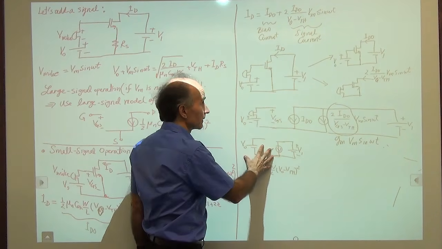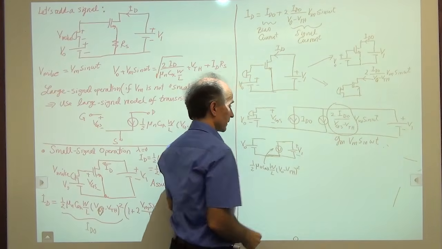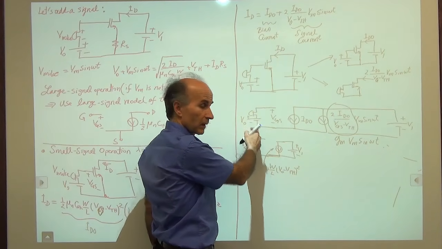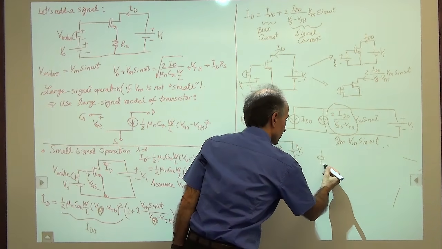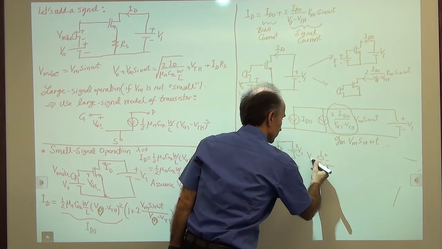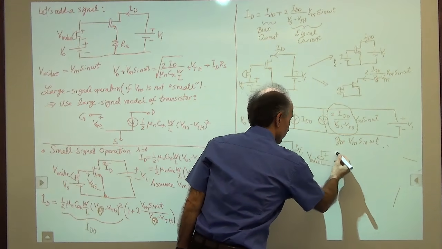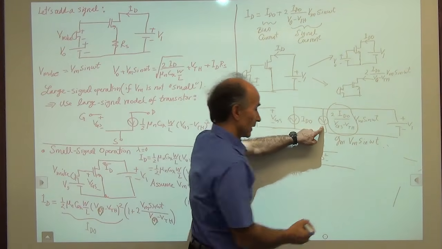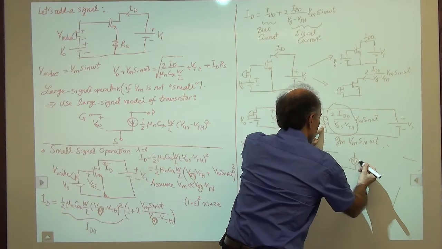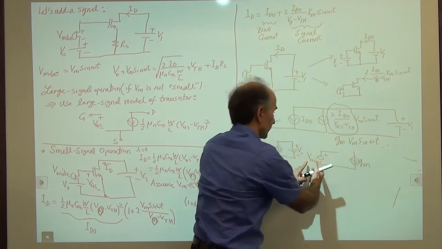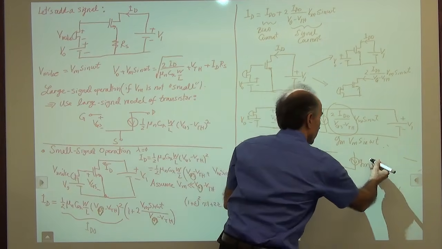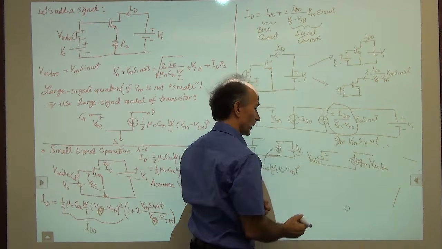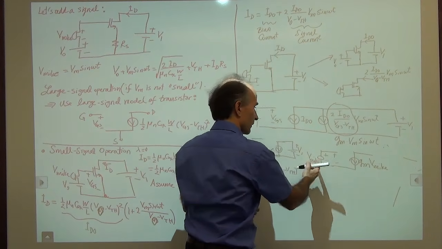Now, next to this, we draw another circuit. That has a voltage coming from the microphone, so we draw the voltage for the microphone, V mic. And then we go to another current source, which is equal to Gm times the input voltage, the microphone voltage, so Gm V mic.